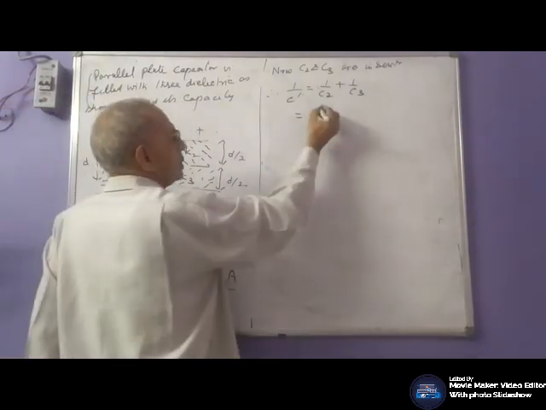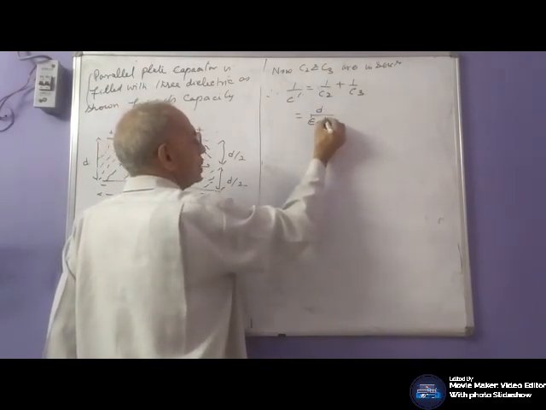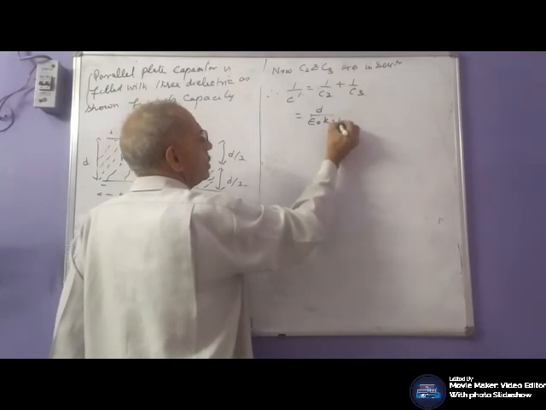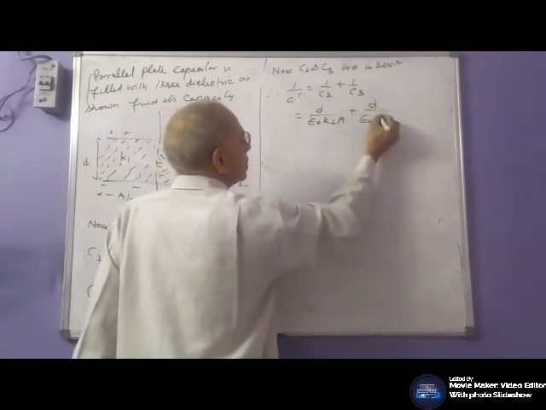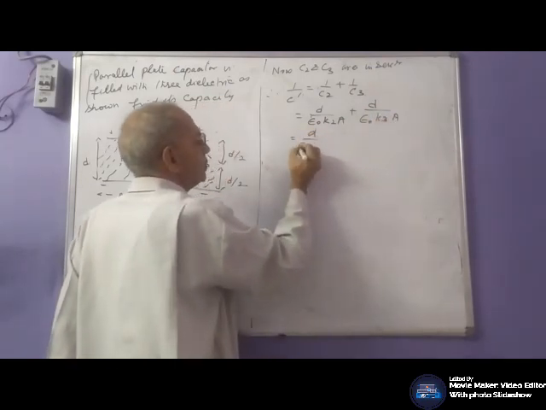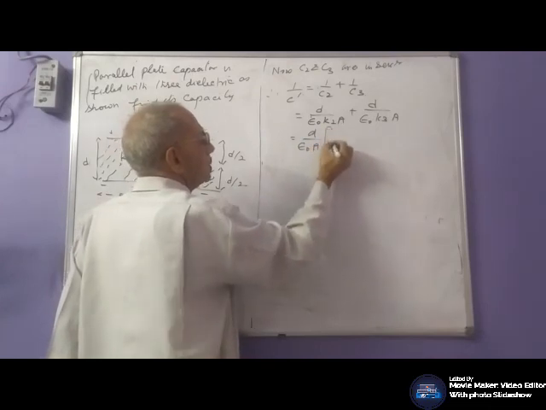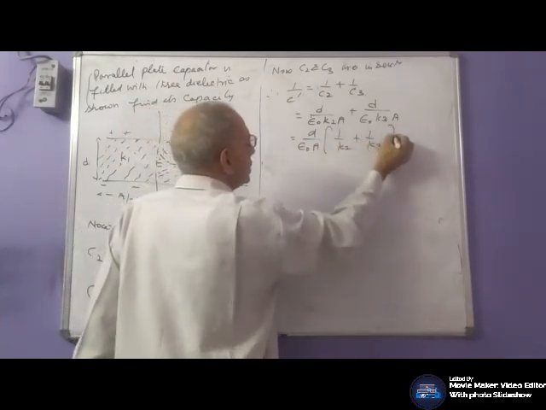D by epsilon naught K2 A plus D by epsilon naught K3 A. D common, epsilon naught common, A common, K2 K3.